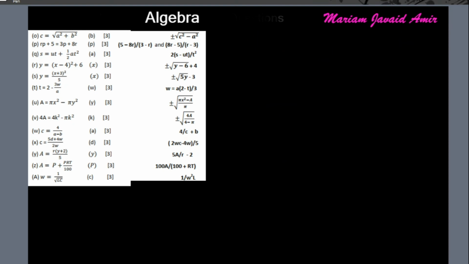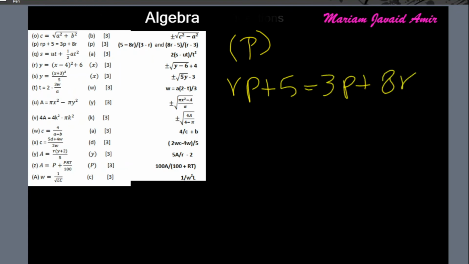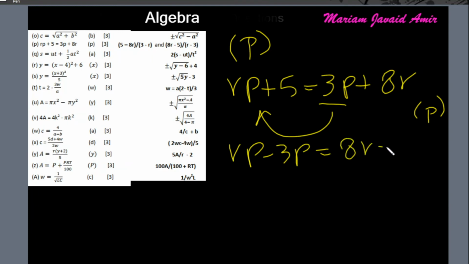Part P is rp plus 5 equals 3p plus 8r. So make p the subject. So we have p at two ends. We have p here as well, we have p at both sides of the equation. So let's move this p to this side. So rp minus 3p equals 8r minus 5.